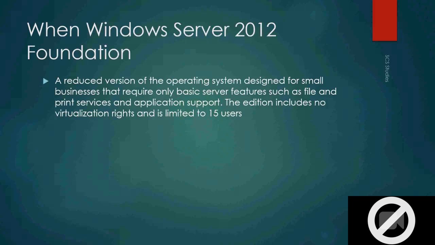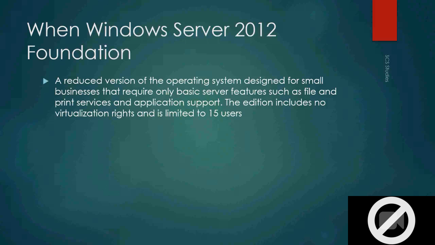The next slide: Windows Server 2012 Foundation. When we look at the Foundation Edition, this is a reduced version of the operating system designed for small businesses that require only basic server features such as file and print services and application support.